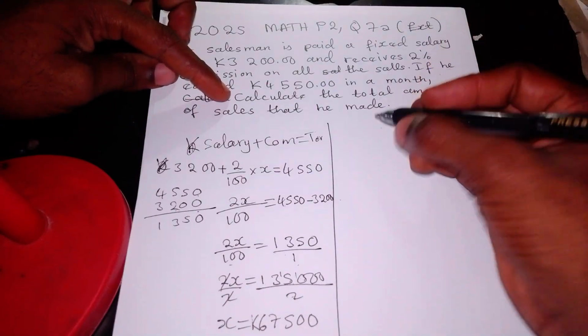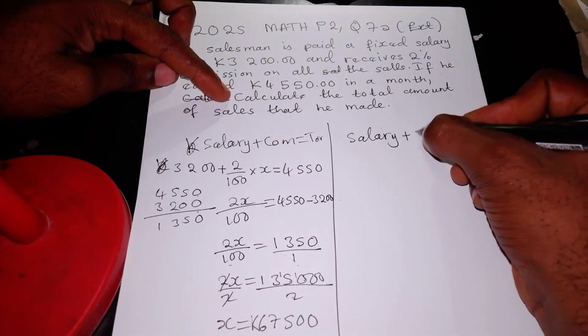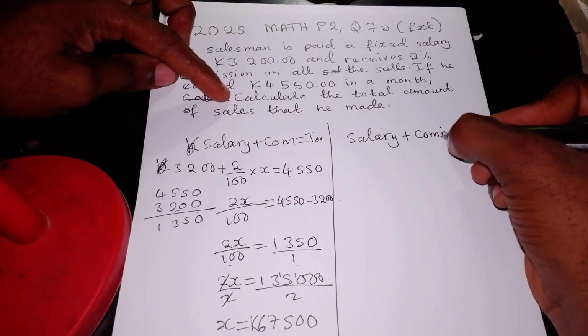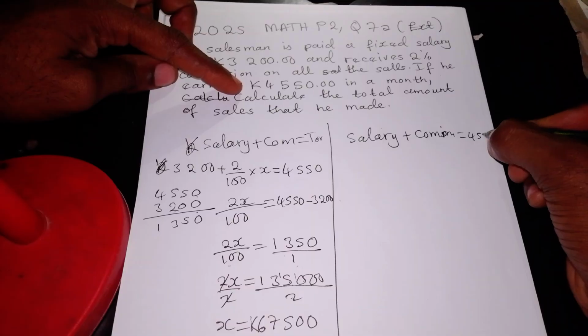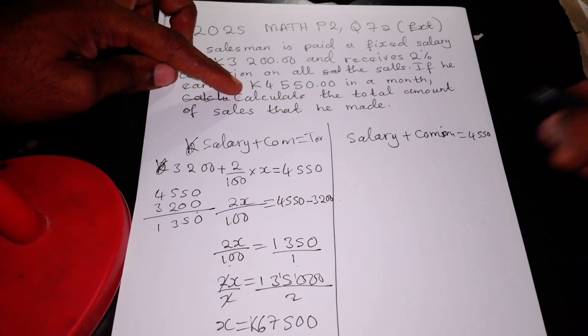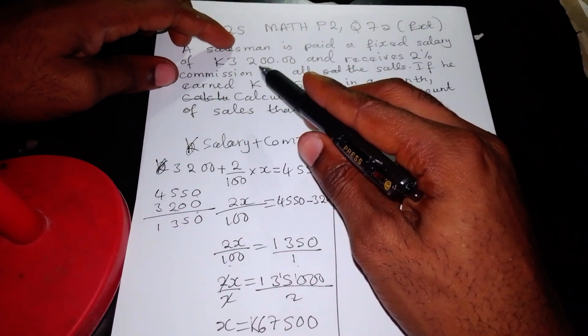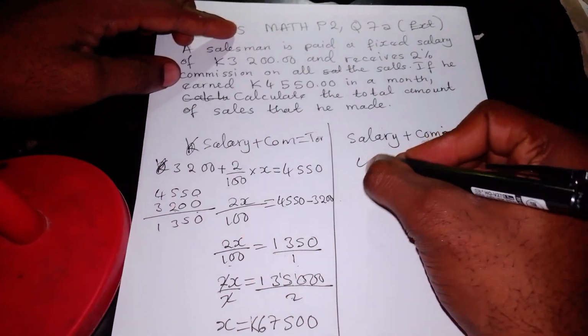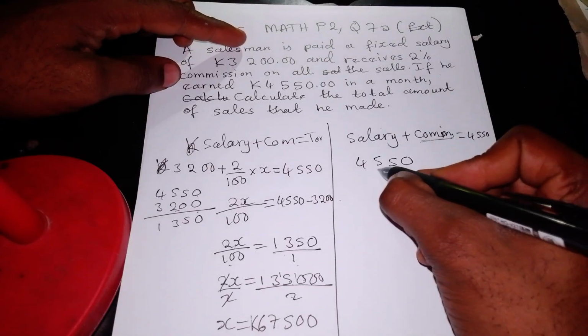Remember, this is salary and commission. So to find this commission, I can just subtract 3,200 from 4,550.